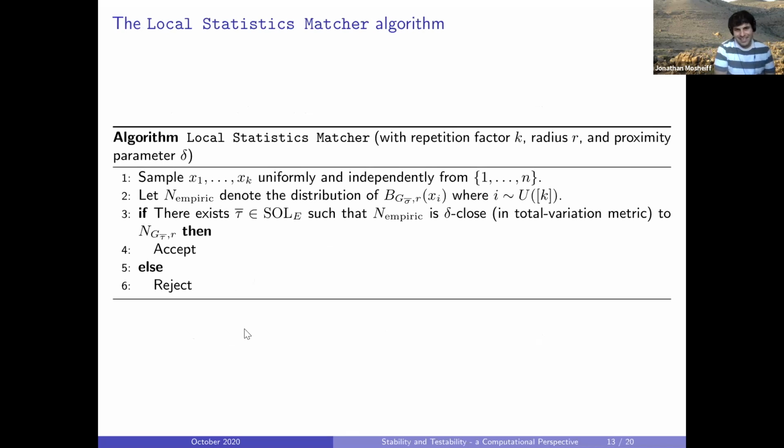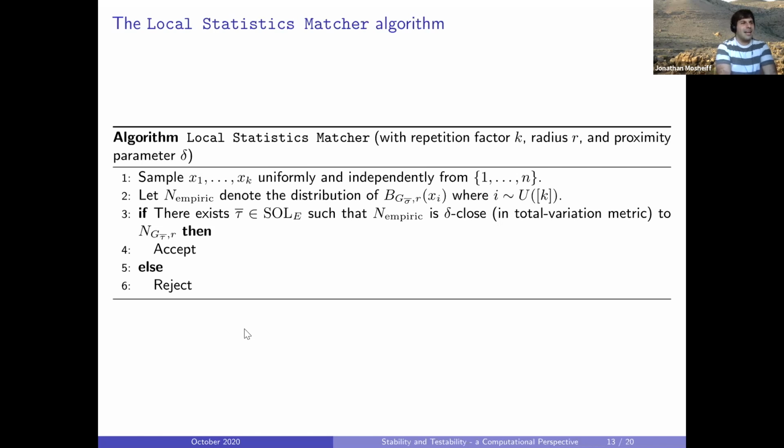What this algorithm does is, just to recap, we have a tuple of permutations, sigma 1 to sigma d, and we want to test whether this tuple is a solution for a set of equations E. So what we're going to do is sample independently some balls of some radius r from this graph, and we have some empirical distribution, which we denote by N empiric.